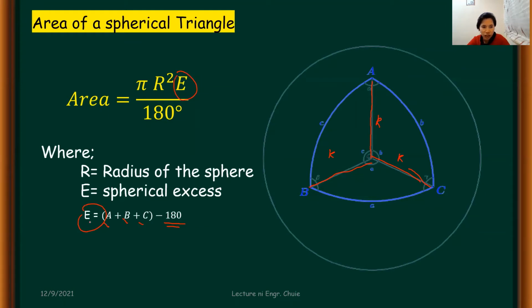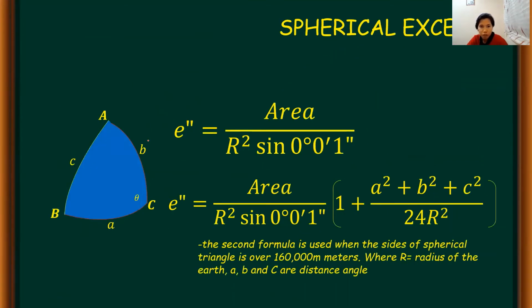Then you can cancel out the degrees, since we have 180 degrees here and the spherical excess is in terms of degrees. The remaining is in terms of a distance, so it could be meters, feet, or nautical miles. Okay?